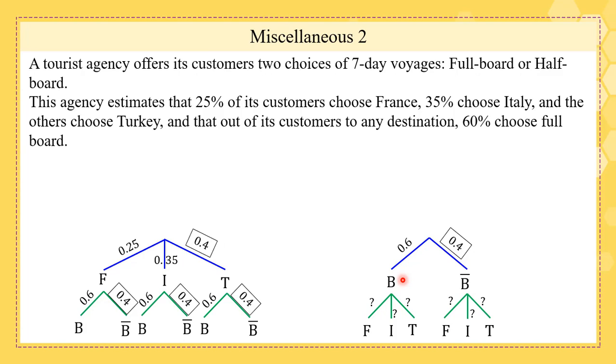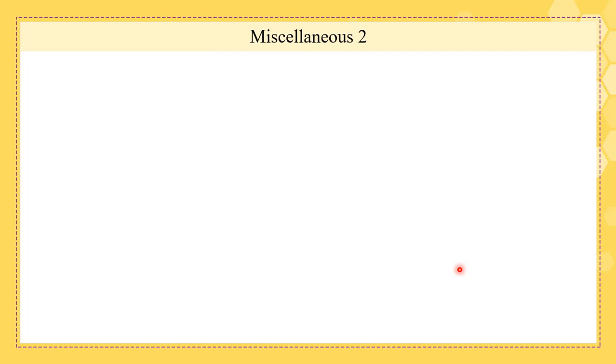So in this case, we can see that the tree cannot be completed. That's why in case I cannot complete the tree, I try to flip the events. Now here we've chosen B bar, then F, I, T, so we flip them and we put F, I, T and then B bar. So here we cannot continue.